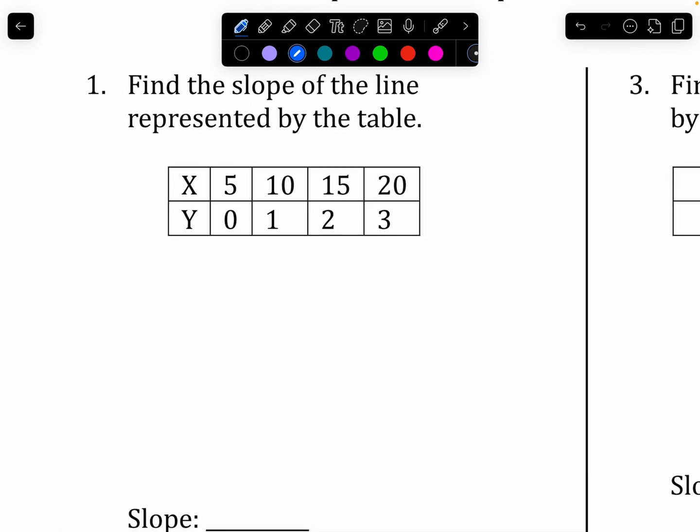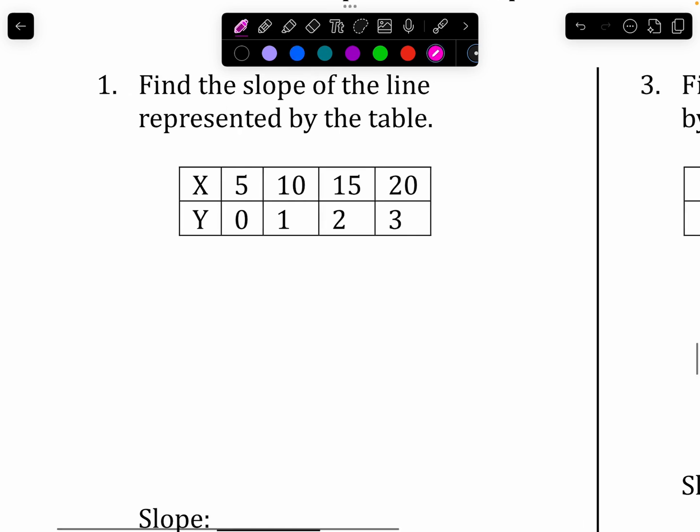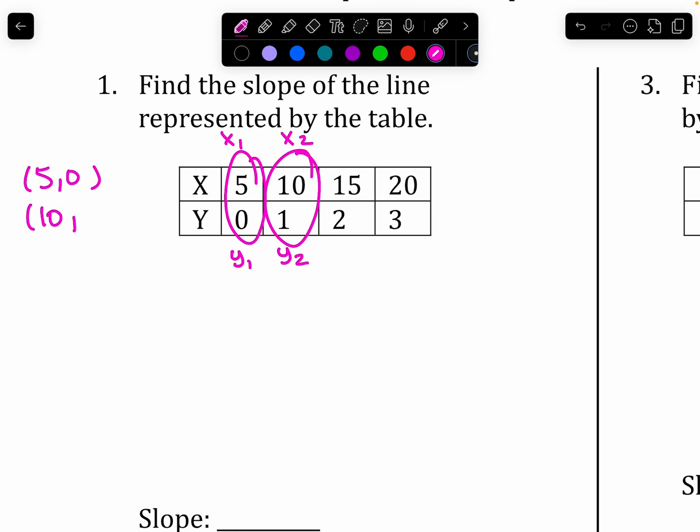So let's say that we decide to use our y2 minus y1 over x2 minus x1. If we do that, we need to choose 2 coordinates. I typically just choose the first 2. So this will be my y1 and my y2. This will be my x1 and my x2. So the coordinates, instead of being like this, are up and down. So this coordinate is actually 5, 0, and the other coordinate is 10, 1.